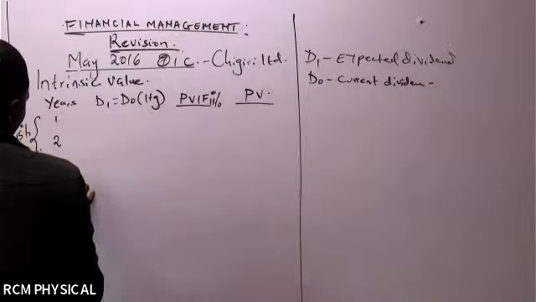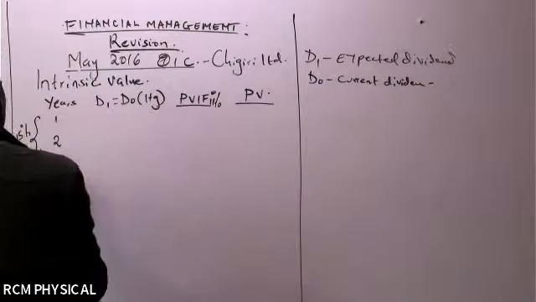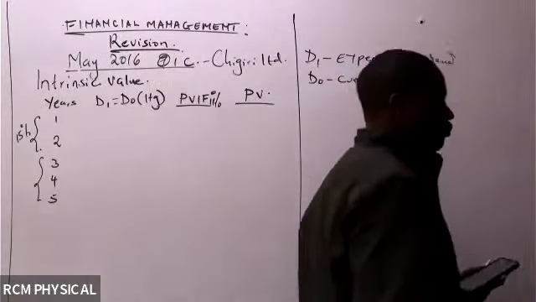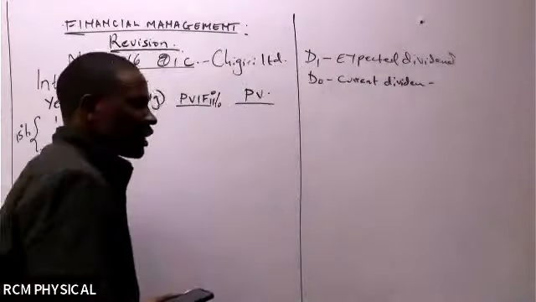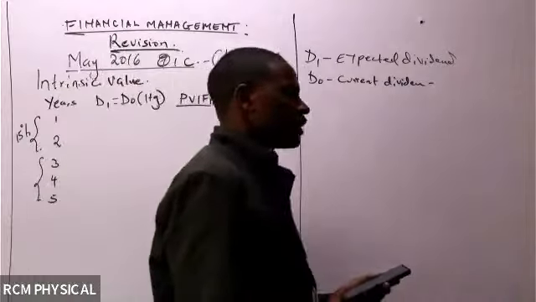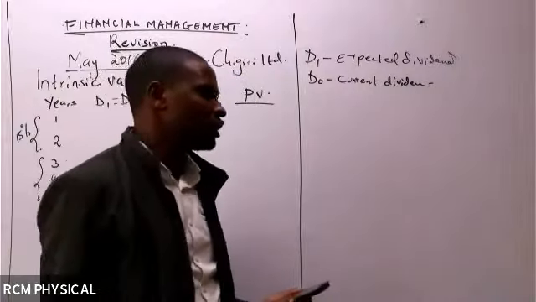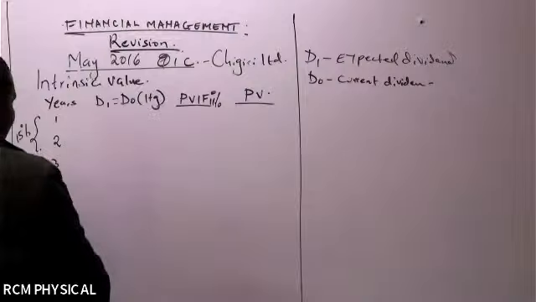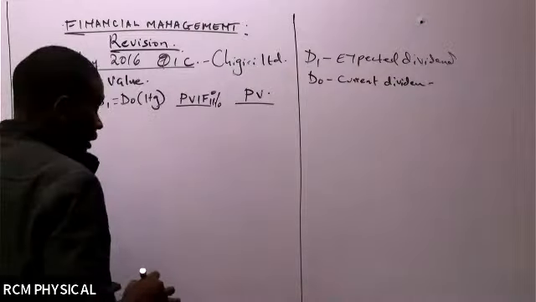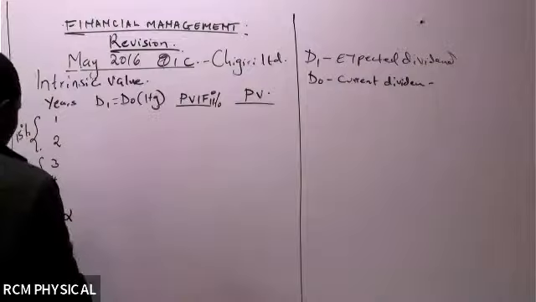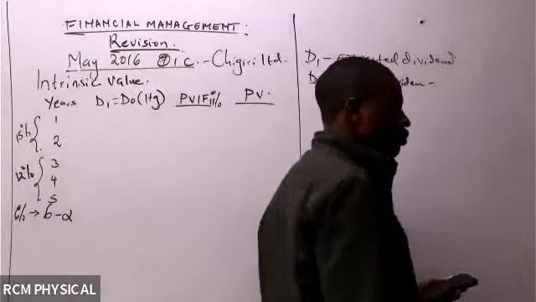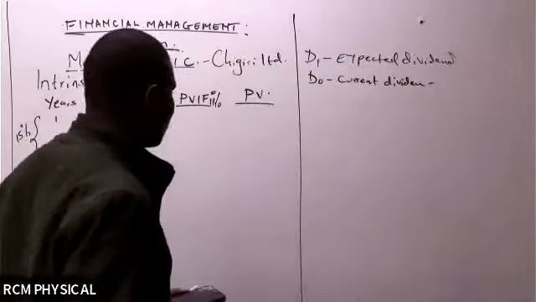For years 3, 4 and 5, the dividend is growing at which rate? 12%. Then I have year 6 to infinity, which will grow at a rate of 6%. It's always good to indicate it that way.